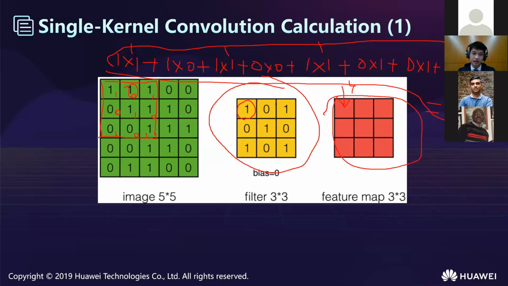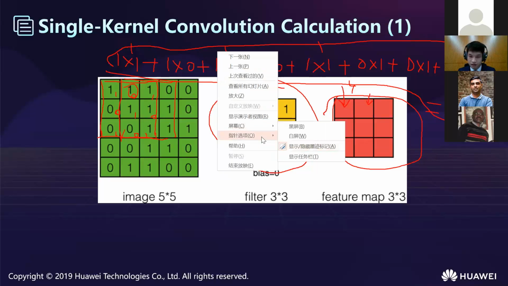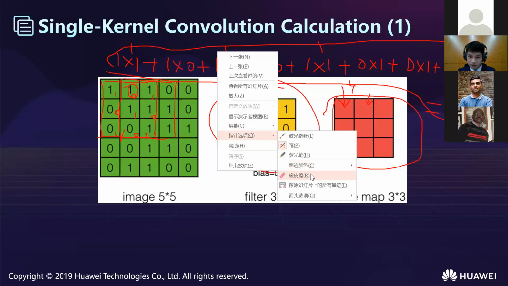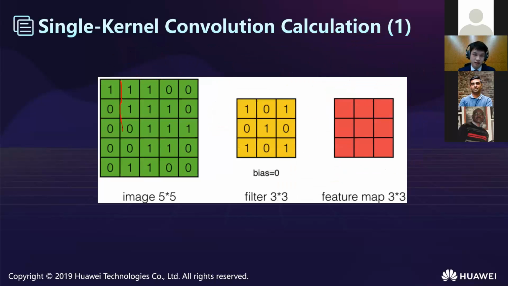Okay, and then how to get the value here? We only need to remove the painting here. Okay, so we just move the kernel to this position and do the convolution again, and then we will get the value here.